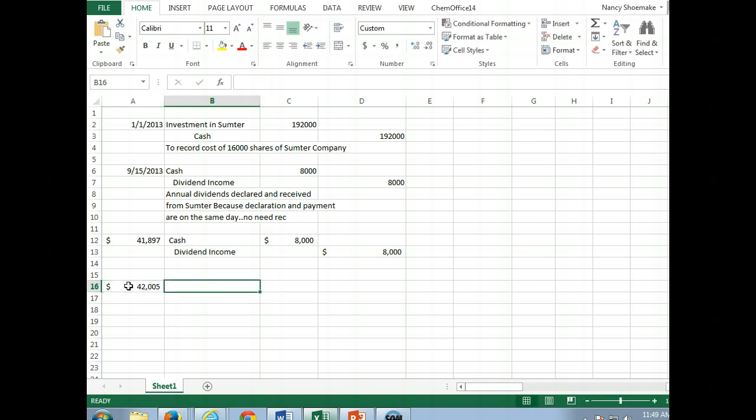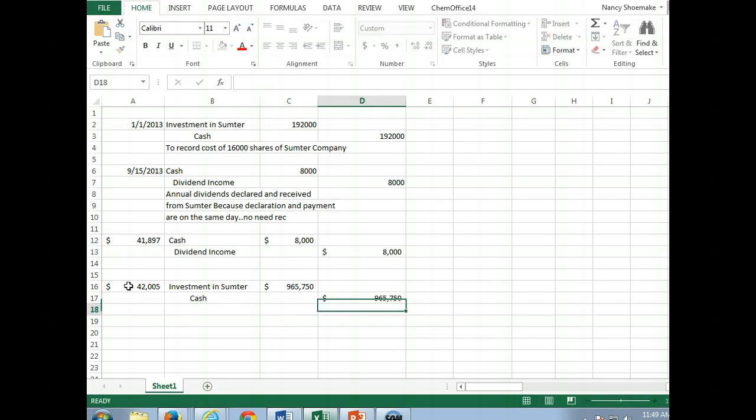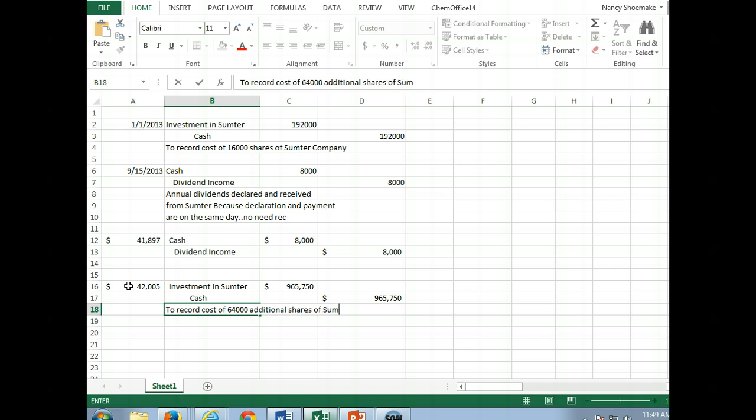So we'll debit, January 1st, 2015, investment in Sumter for $965,750, and we'll credit our cash or our liability $965,750 to record the cost of 64,000 additional shares of Sumter.